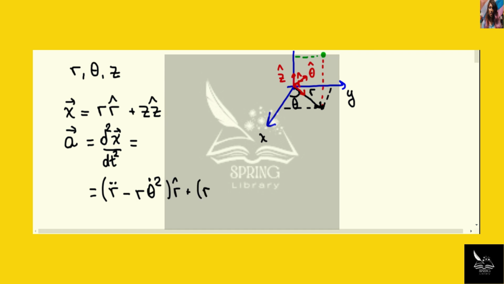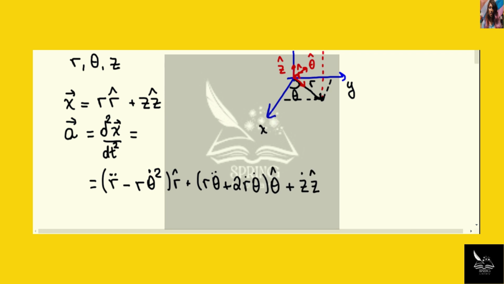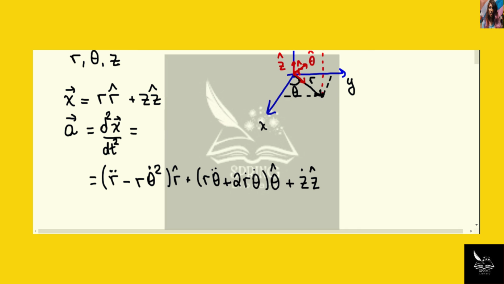Then in the theta direction we have r theta double dot plus 2 r dot theta dot, theta hat, plus z double dot z hat. Okay, so now we are in a position to start our problem. This is the equation we're going to use.